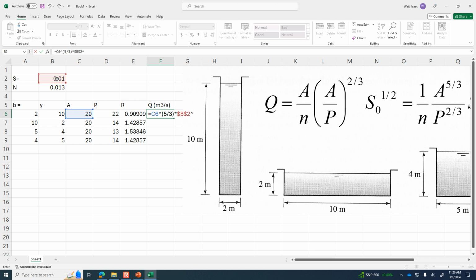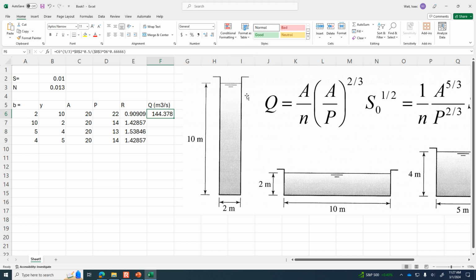So slope to the 1/2 power, and then all of that is divided by the N, anchoring that reference so that I always refer to that particular cell, times the wetted perimeter to the power of 2/3. All right. So 144 cubic meters per second for this really weird, skinny but deep channel.